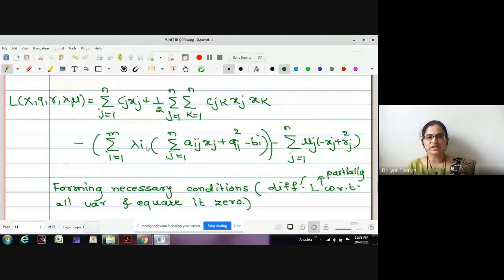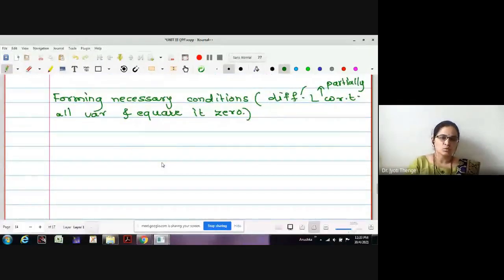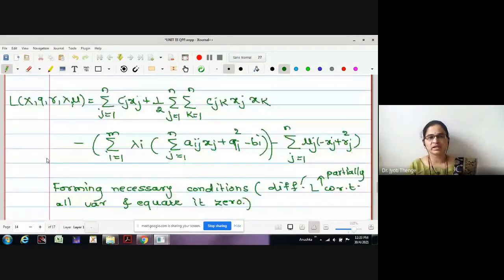Now what job will we do? We will try to differentiate with respect to original variables xj first. What is the original variable? Dou L by dou xj. Look at this. What is the derivative of the first summation value?